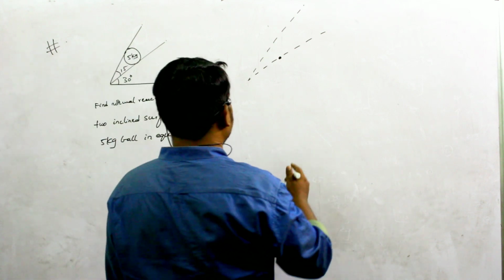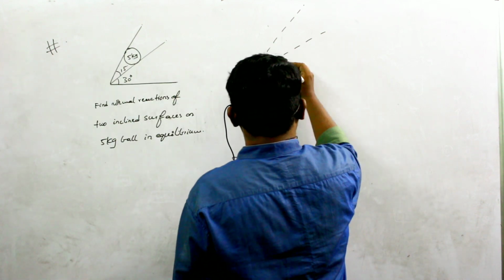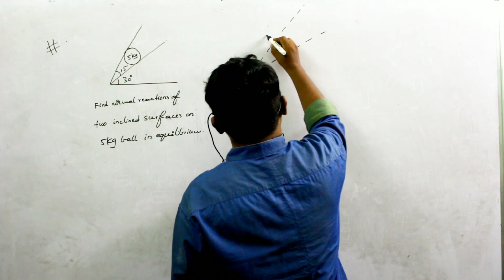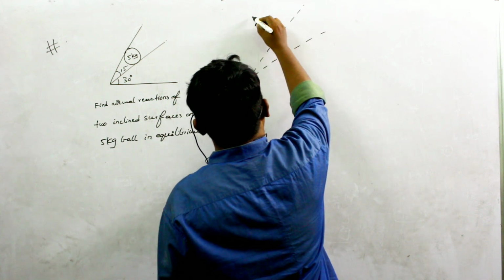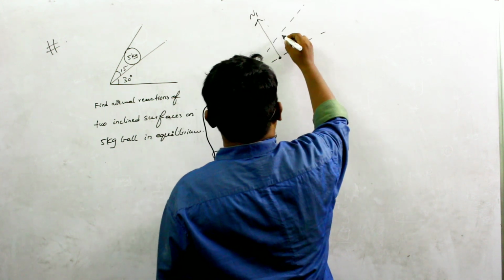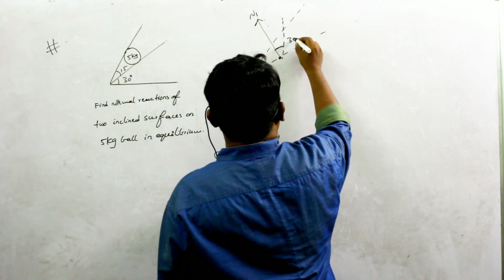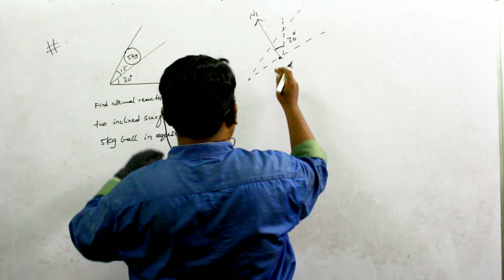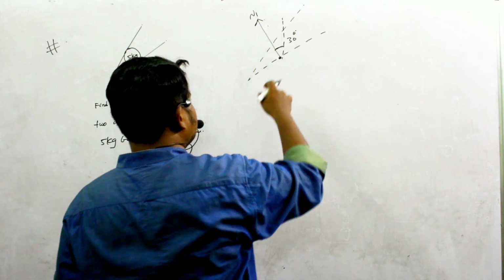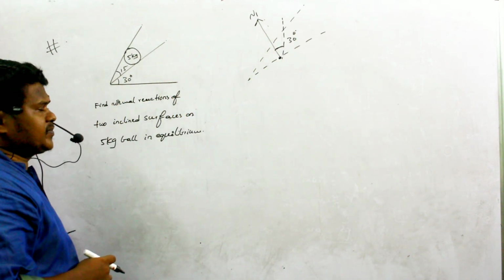This becomes the normal reaction, let it be N1, and with respect to vertical it will make an angle of 30 degrees. If this angle is 30, geometrically we can prove this angle is also 30 degrees.